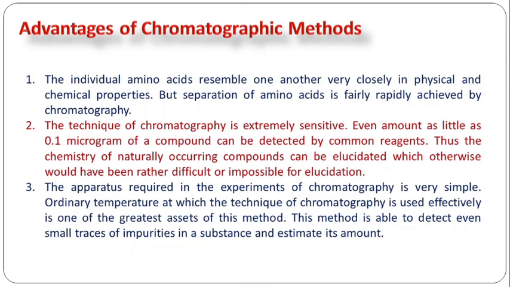This method is able to detect even small traces of impurities in a substance and estimate their amount. So it can be used for qualitative analysis as well as quantitative analysis. Even a very small trace amount, in micrograms, we can separate out, identify that compound, and estimate its amount also.